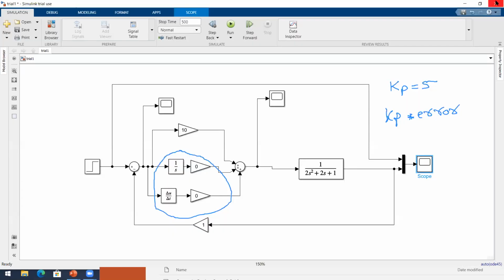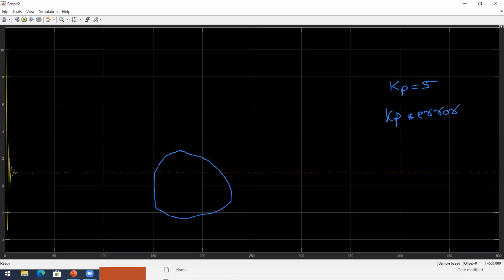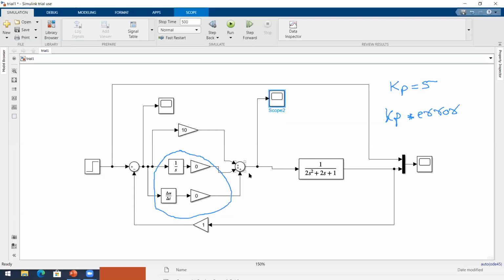Now 0.1 is the error. 0.1 is the error multiplied by 10 is how much? 1, sir. So you see the signal, this is 0, this is 2, exactly in between, so this is 1. So what is happening is the gain multiplied by the error comes out from the controller.